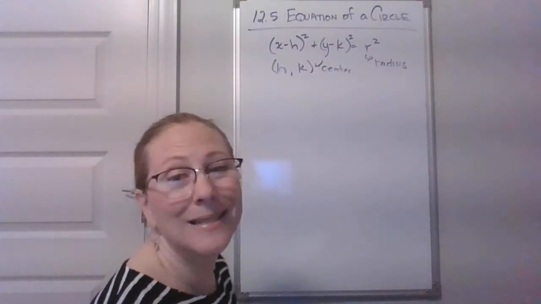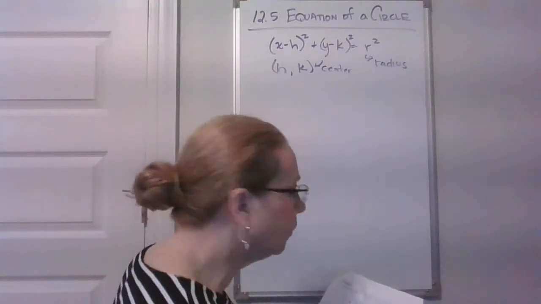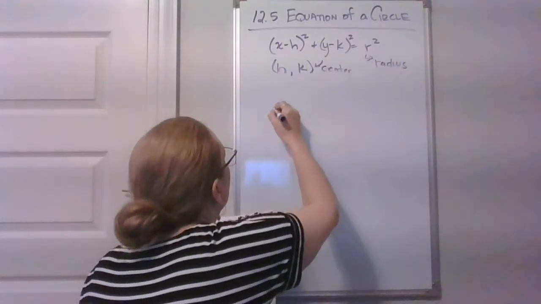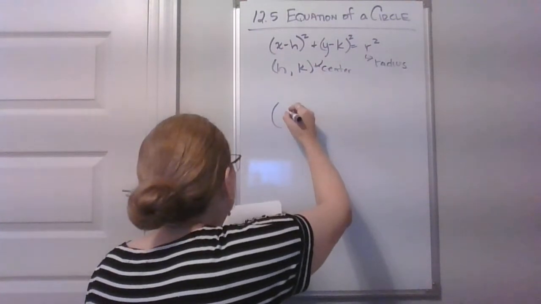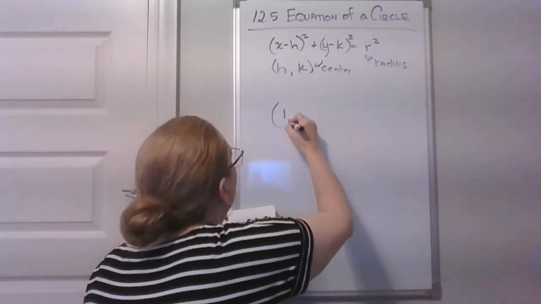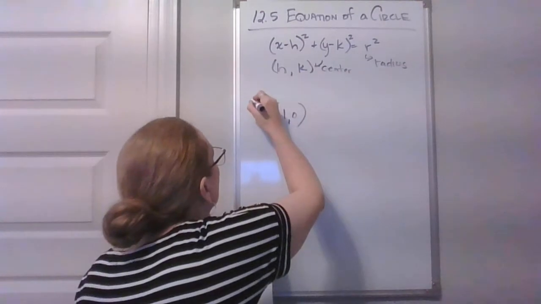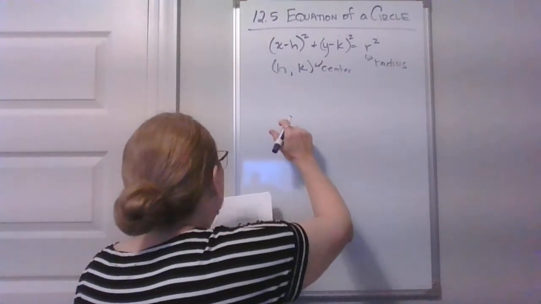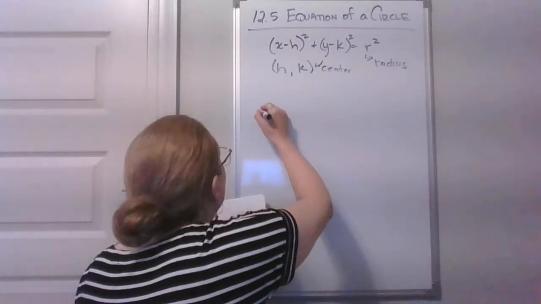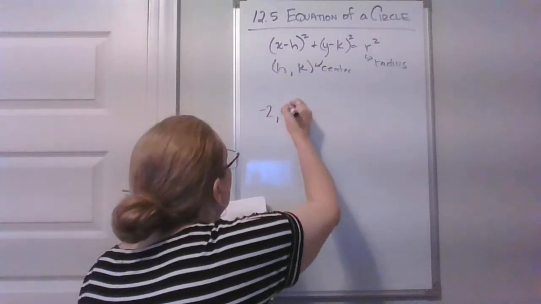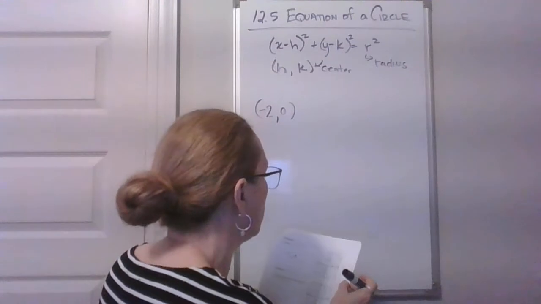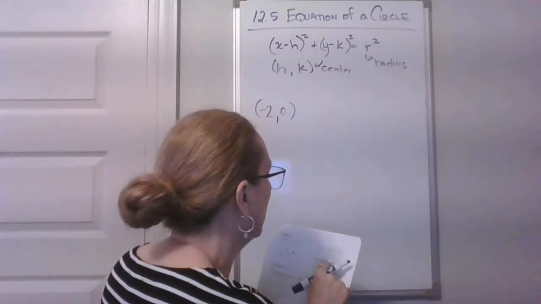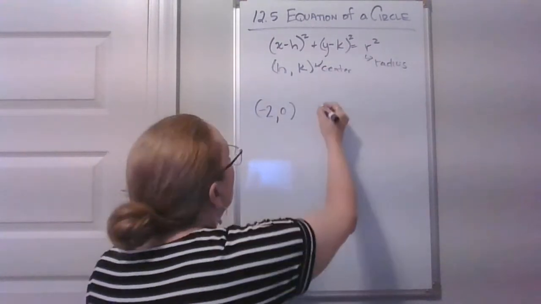Okay, let's say we have 2 points. Let's say we have 1, 0 for the center. Oh, not the center, excuse me. Let's say we have -2, 0, that's on the circle, and 4, 0.